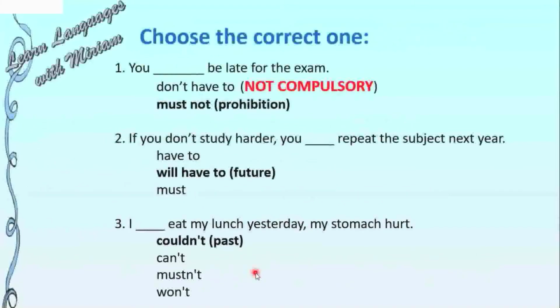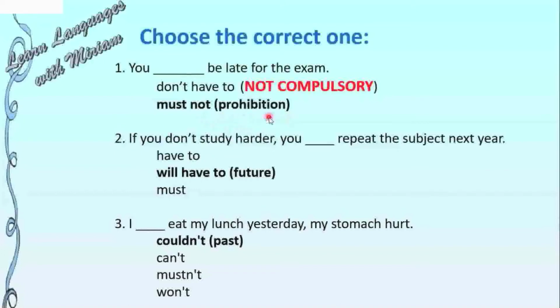Okay, now here we have to choose the correct one. So first one, you blank be late for the exam. So here the correct answer is must not. Why must not? Because must not or mustn't is a prohibition.